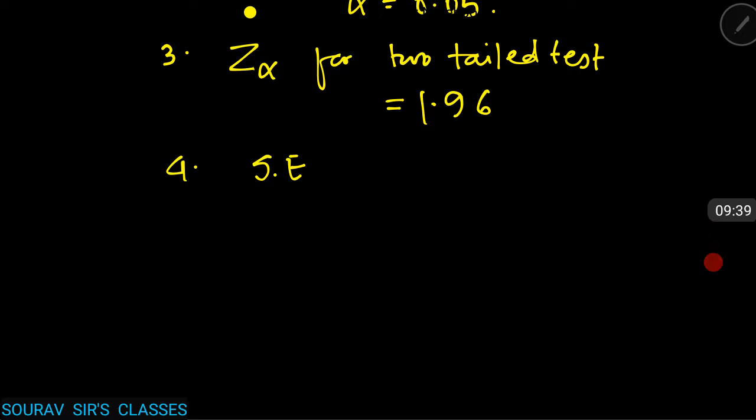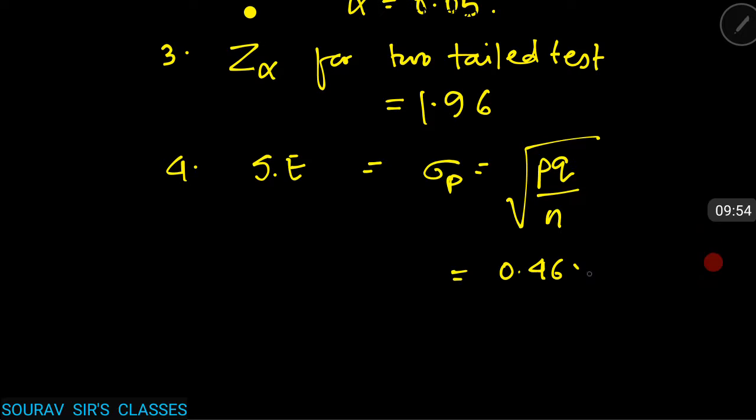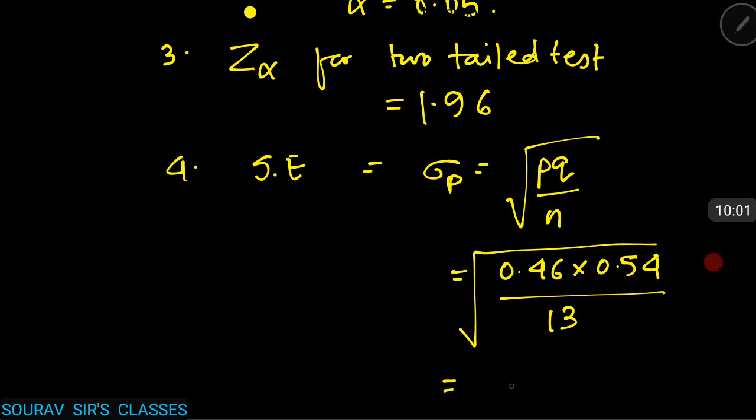Standard error of the proportion P is equal to sigma P, which is equal to root under PQ by N, which is equal to root under 0.46 into 0.54 by 13, which is equal to root under 0.2484, which is equal to 0.498.